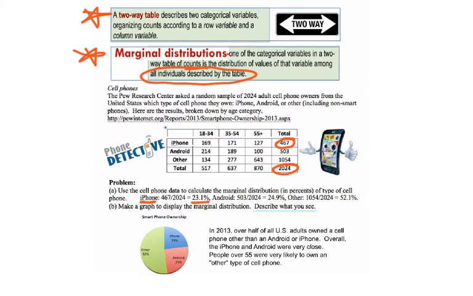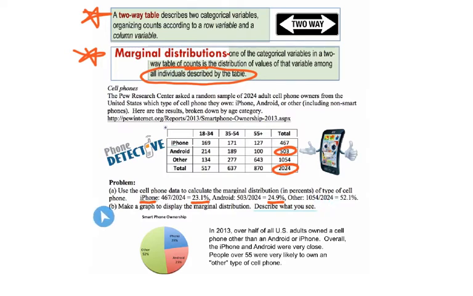So we see that iPhone users make up 23.1%. And then we could do the same for Androids. All the Android users is 503 out of the total amount of people who answered the survey, 2,024, and that gives us 24.9%. And then you can do the same for other.